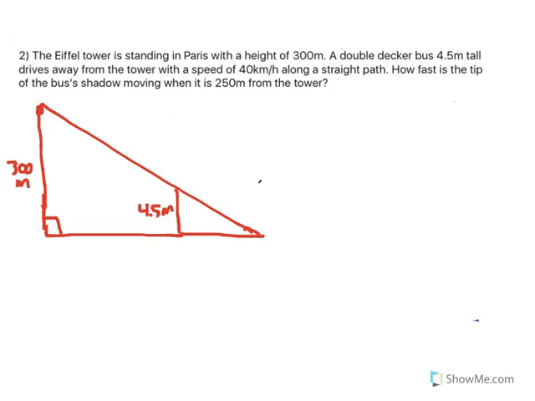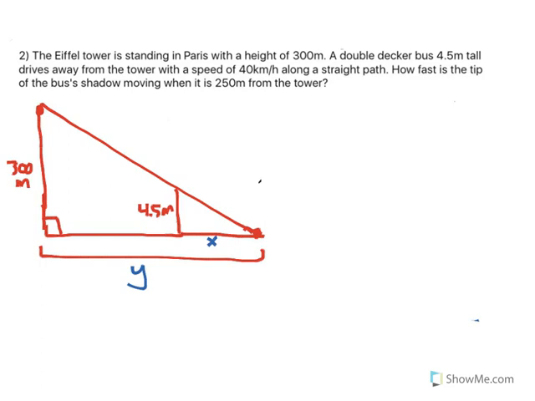So it says, how fast is the tip of the bus's shadow moving when it is 250 meters from the tower? So in other words, this is the shadow, tip of the shadow here, so how fast is this side increasing is basically what's being asked. So I'm going to label that y, and I'm going to label this x, primarily because it is helpful to label things that we know we're going to need to find, especially as they're changing.